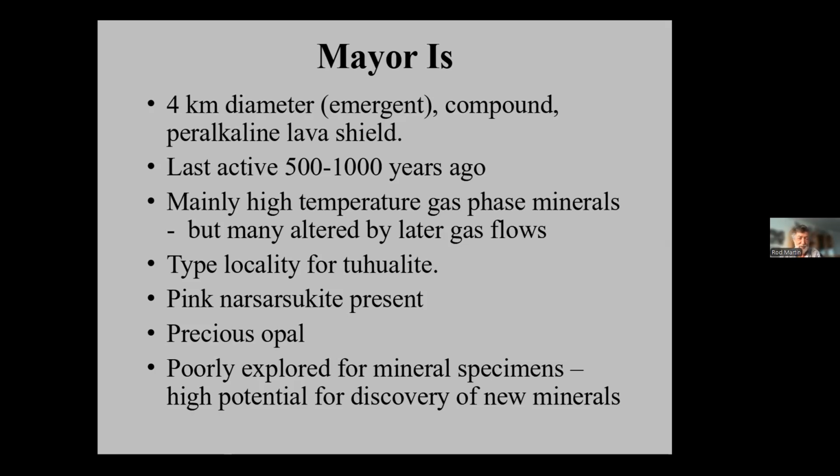As Steve said, it's the type locality for tuhualite, which was found around 1932 to 1935, somewhere around there. Despite a couple of claims from Russia in the late 1990s, early 2000s, it wasn't until about 2008, I think, that Kazakhstan positively identified another tuhualite.